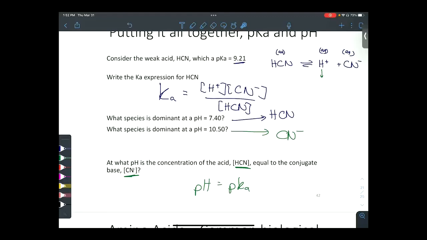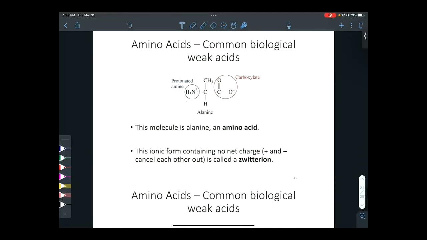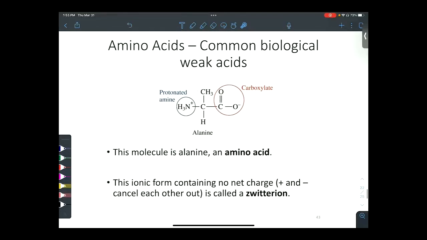There's a lot of things with P's attached to it, okay? And it can be confusing in that nature. Other things that have multiple pKa values, and it can get a little bit confusing here, are amino acids, and they make up our bodies. They're the building blocks of our bodies. The important things about amino acids, and we'll talk more about it in the next chapter, is that there are specific functional groups there.